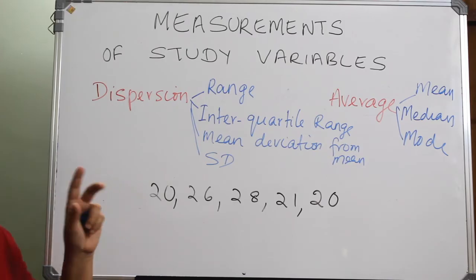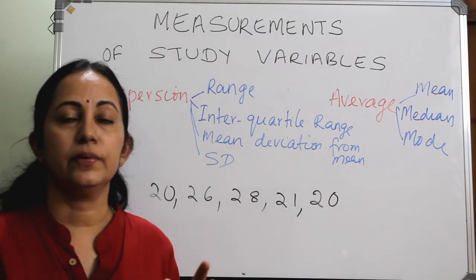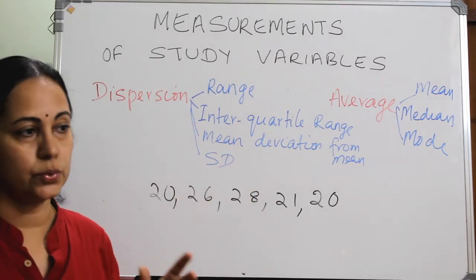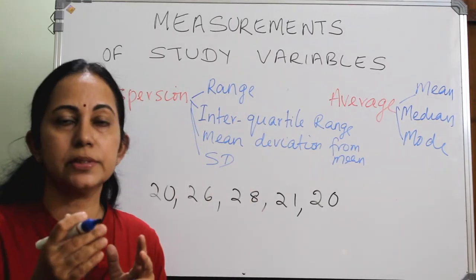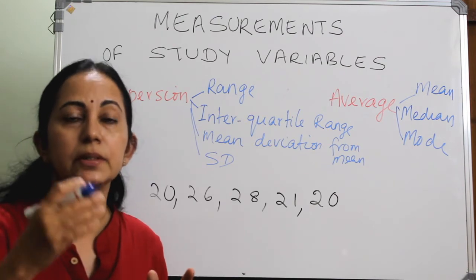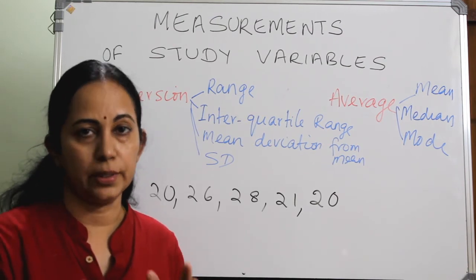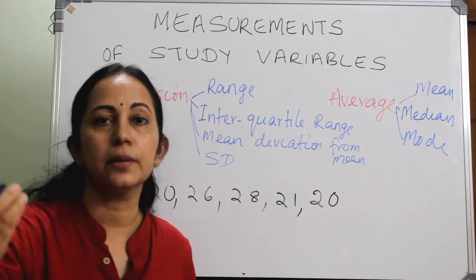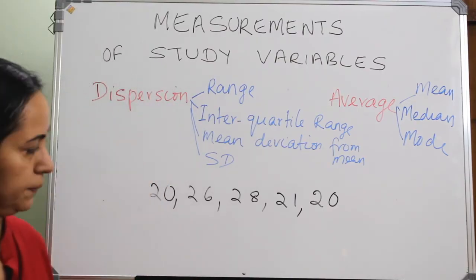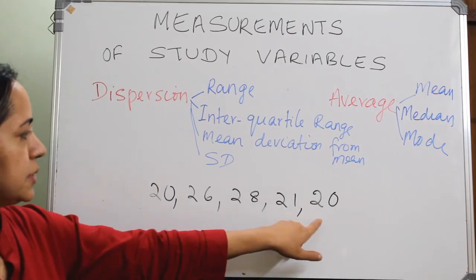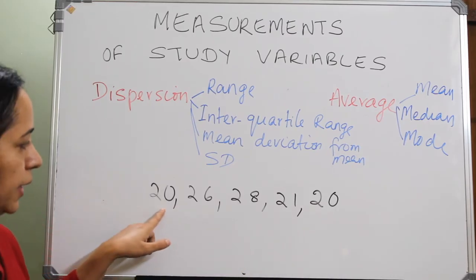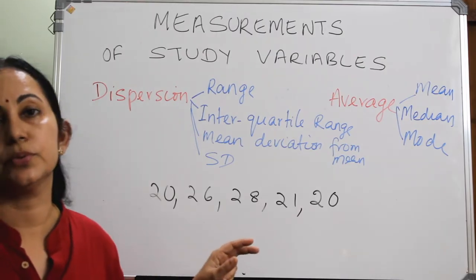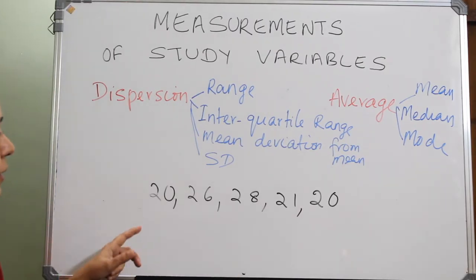Of each value, we find the deviation from mean. So that shows how much it is deviated from the middle of the set. Okay, if there is a set of values, each value, how much it is deviated from the middle of the set of data. So this is the age of 5 females who came to the antenatal clinic.